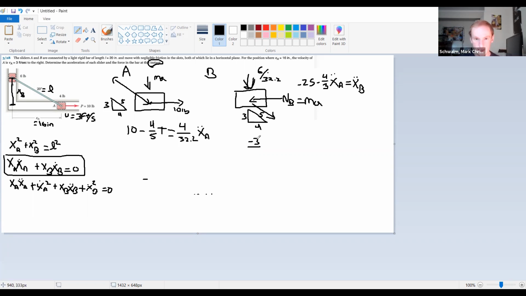So we have negative 3 over 5 T, and that's going to be equal to this 6 over 32.2 multiplied by the acceleration of block B. Okay, so now we have that. Cool.